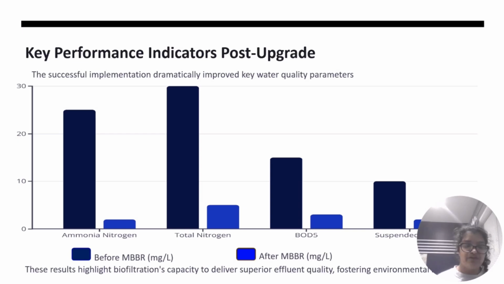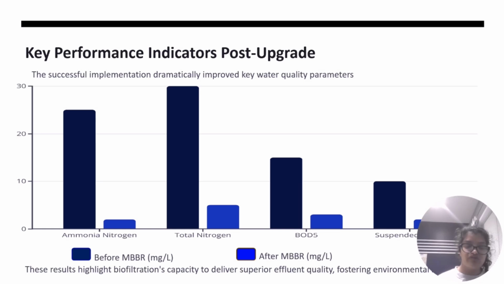The graph here basically shows the successful implementation that improved key water quality parameters. In dark blue, it shows the values before the MBBR, where the concentrations of all four were consistently higher than the target needs. After the upgrade, the values dropped heavily.